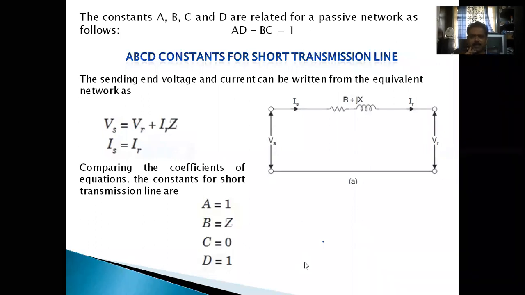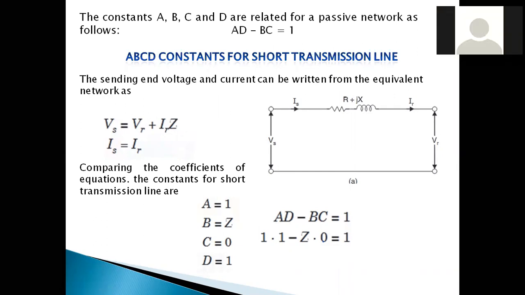And if we verify for a short transmission line, AD minus BC is equal to 1 times 1 minus Z into 0, which is equal to 1. So that means the short transmission line is a passive network.